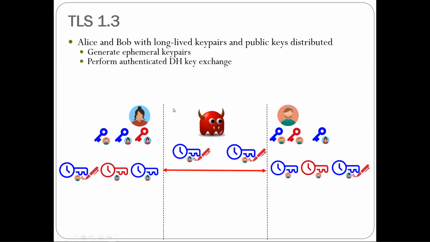Even though the adversary sees these things, they can't generate the green key, the shared key, because of Diffie-Hellman. Alice validates that this was signed by Bob, and Bob validates that this key was appropriately signed by Alice using her public key. Okay, so this is the picture.